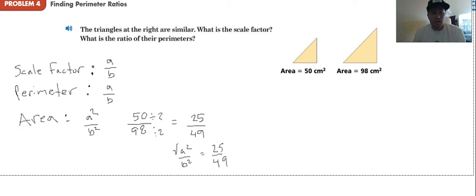We're going to square root. If I square root A squared and B squared, it's going to give me A over B. So all I need to do to find the scale factor and the perimeter is square root both sides, and this is going to give me 5 over 7. And so that is going to be my answer for my scale factor and my perimeter.